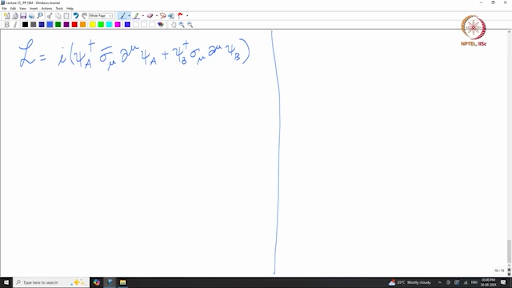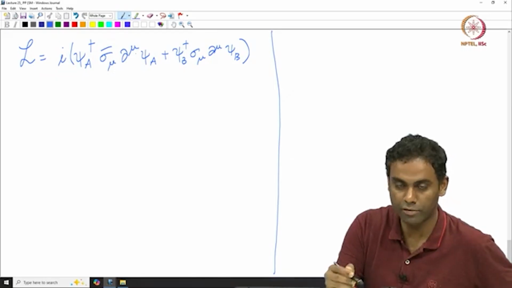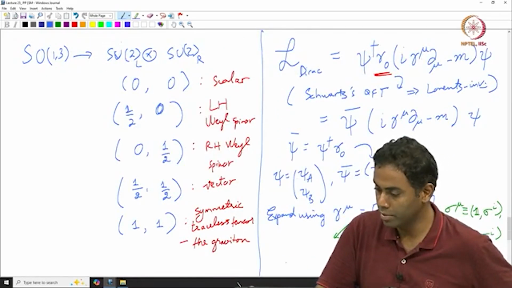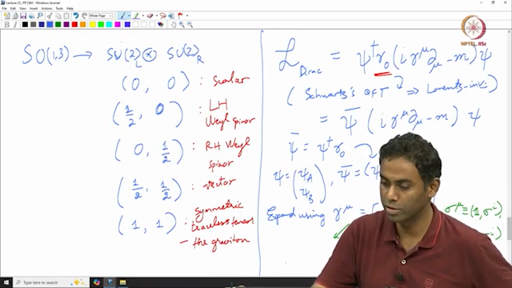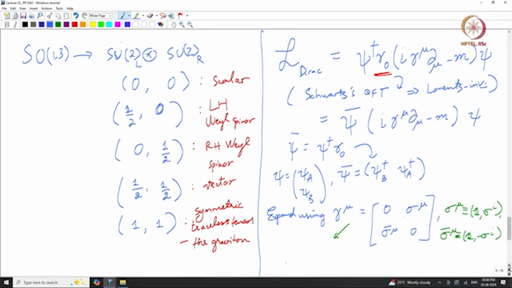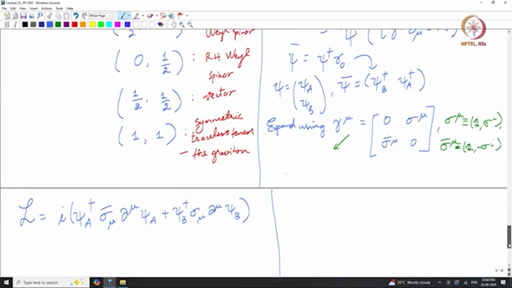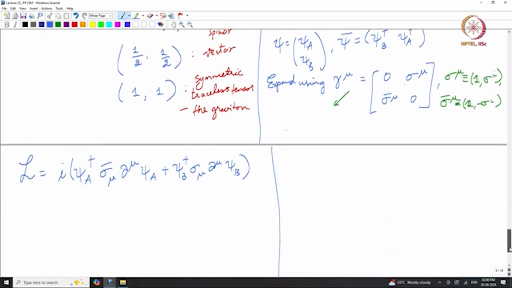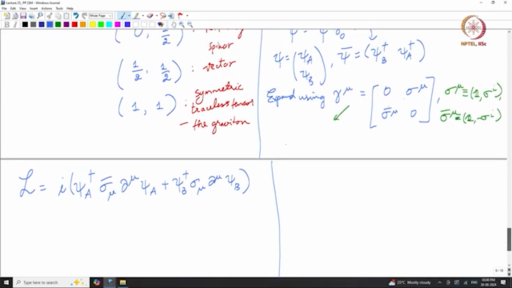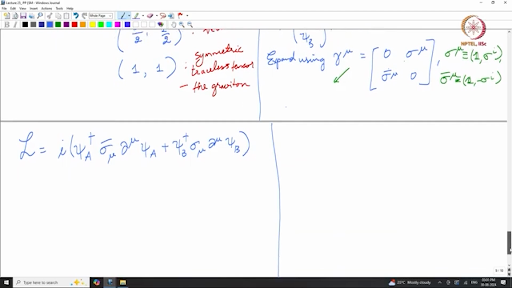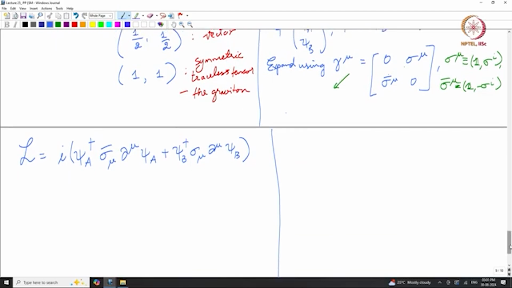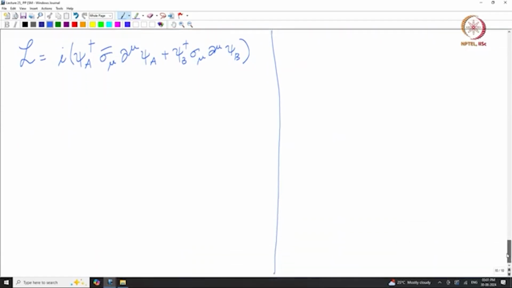Okay. See, already you can see here that the mu's are actually contracting with each other, and that only happened when you had the gamma naught. So you can go look at Schwartz's book also, but here itself you can see that to get Lorentz invariant kinetic terms at least, you needed the indices to contract, and that's what's happening. Also the psi A marries the psi A and the psi B marries the psi B. All of this is ensured by having the gamma naught.